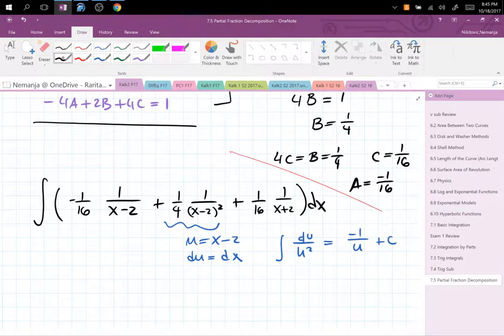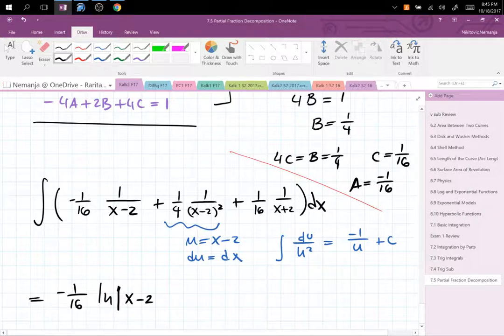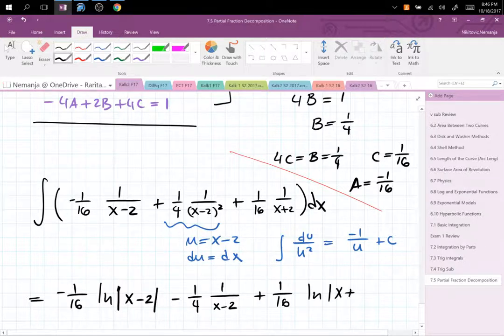All right, so the first integral is negative 1 over 16 ln absolute value of x minus 2. The next integral is 1/4 times negative 1 over u, so negative 1/4, 1 over, and what's u? U was x minus 2. And the last integral is plus 1 over 16 ln of x plus 2, plus c.